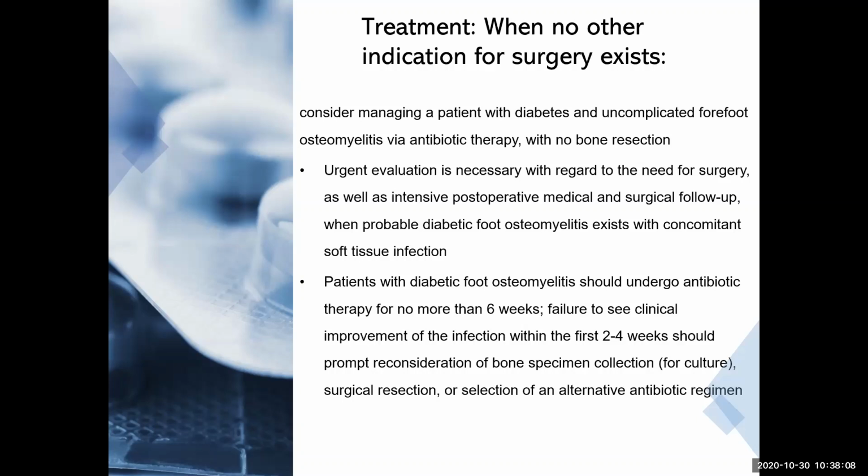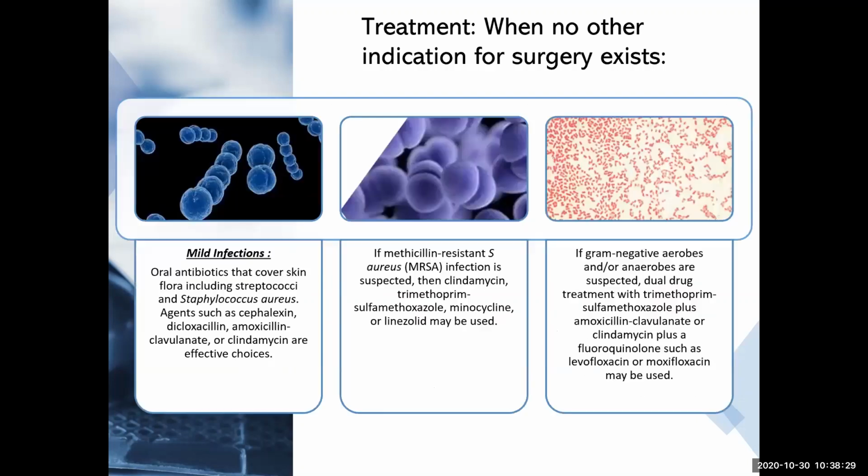So they will try, from their point of view, antibiotic treatment for 6 weeks, but we should observe in the first 2 to 4 weeks whether there is improvement or not. If no improvement, we have to revise our plan, either changing the antibiotic or resorting to surgical intervention.